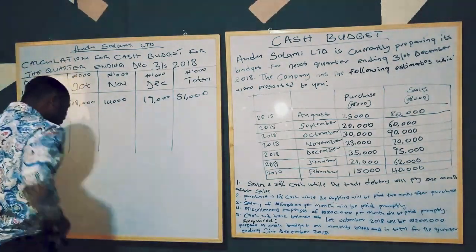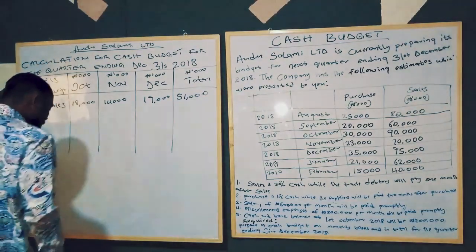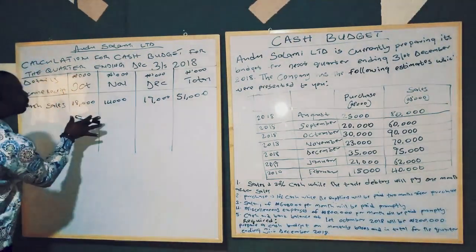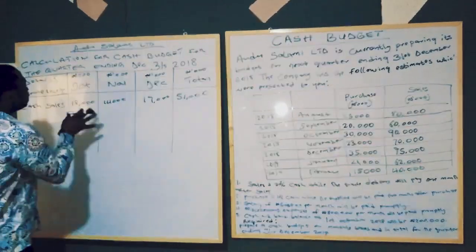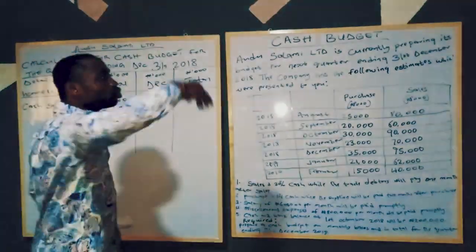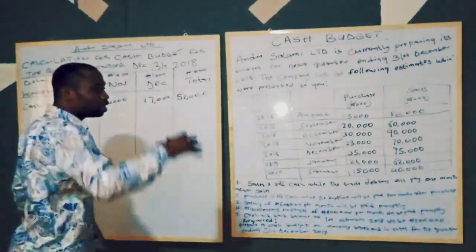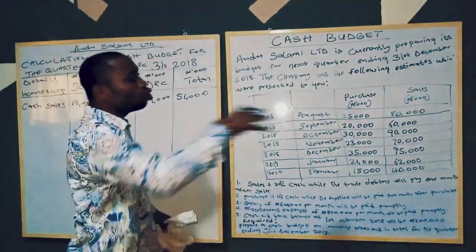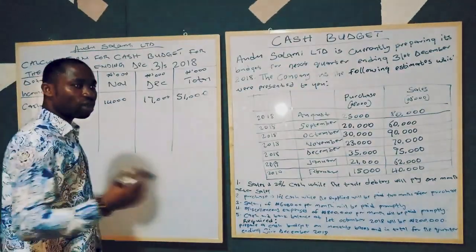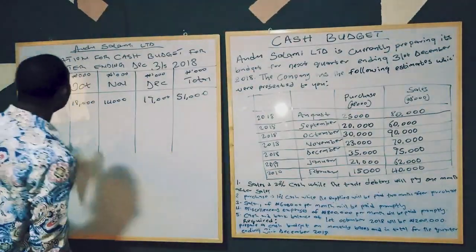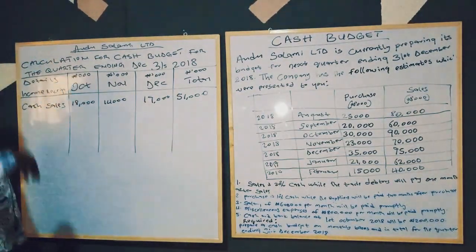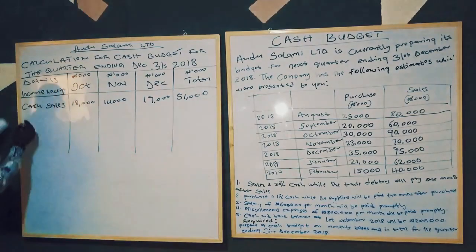So after the cash sales, what is the next thing? We said cash received from debtors. The cash sales for these 3 months is the money we collect immediately, the cash we receive immediately when we give the goods to the buyers. The remaining balance is going to be cash received from debtors.